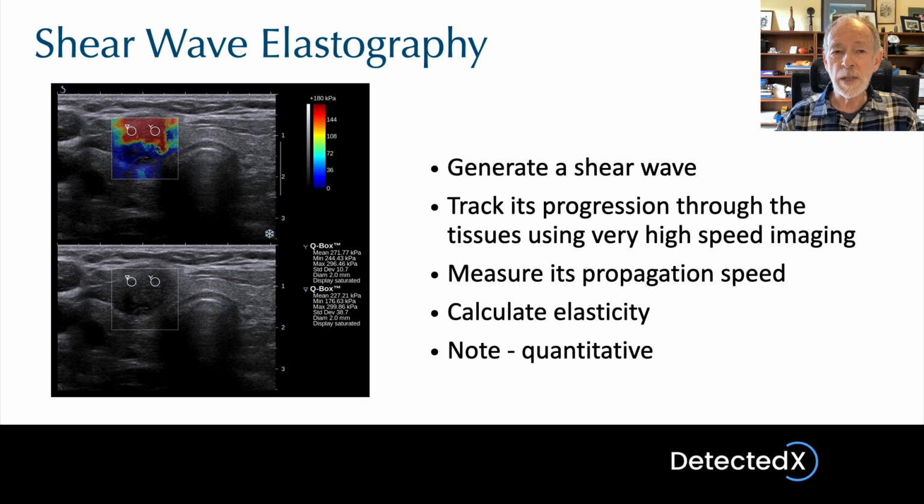So coming back to this technique that I'm describing here, shear wave elastography involves the generation of a shear wave in the tissues. A shear wave is rather like a shock wave. It'll travel through the tissues, and the machines are built to have extremely high imaging speeds that allow the machine to actually track the movement of the shear wave as it travels through the tissues.